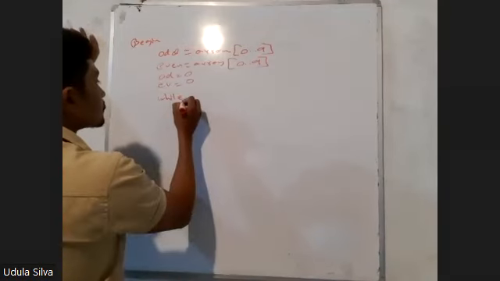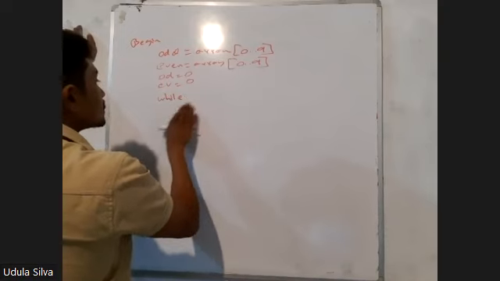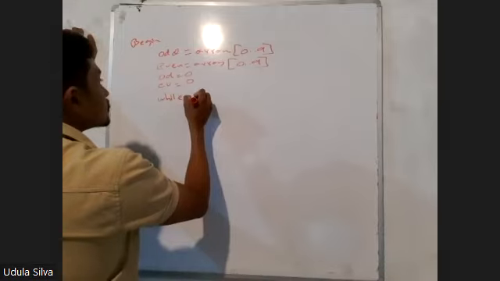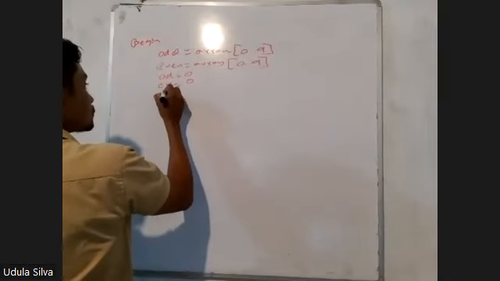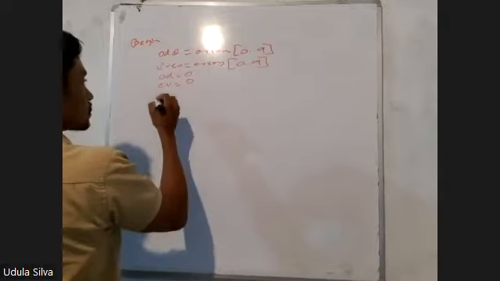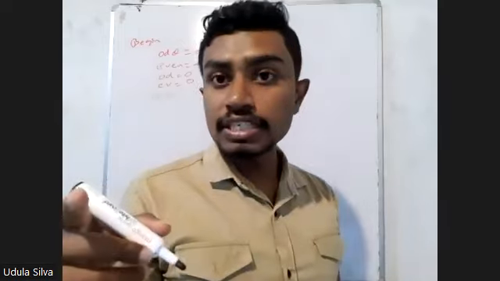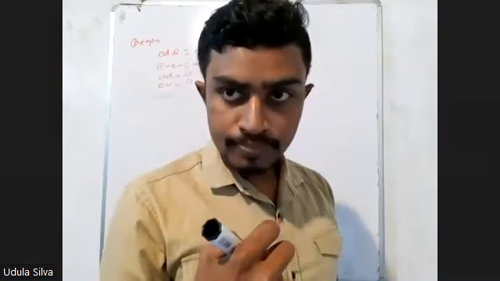While, what is the condition? The condition is while. I will draw the condition in a different color. Tell me what is the variable that we have used for the condition? So I equals 0.